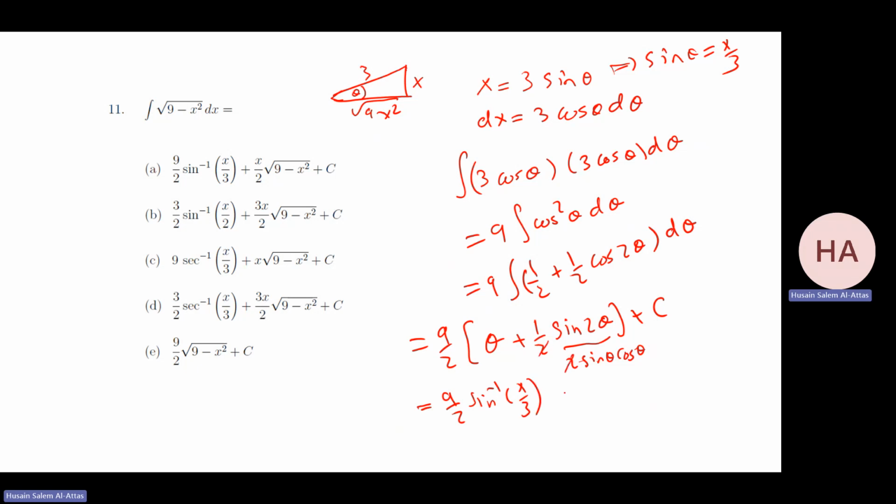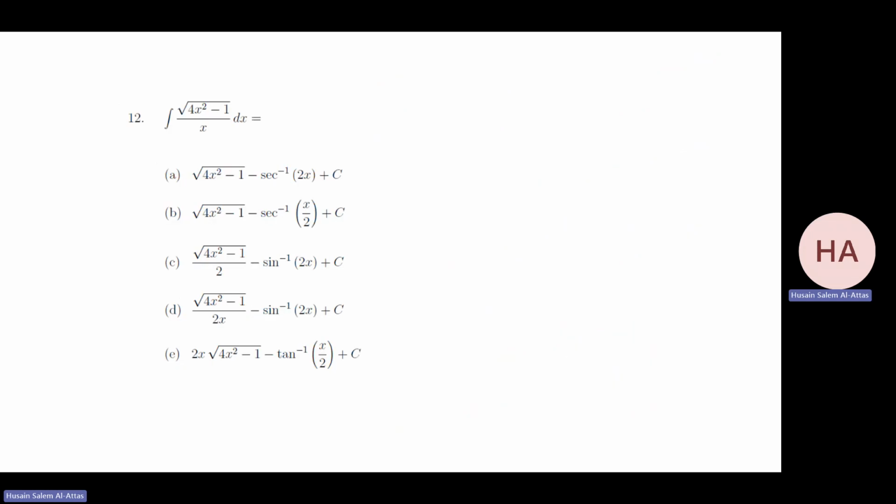Here these two cancelled, so I have plus 9 over 2 times what? Sine theta, x over 3. Cosine theta is square root of 9 minus x squared over 3, plus c. This is cancelled, so I have 9 over 2 plus half this, which is this one. Let me finish by this one.